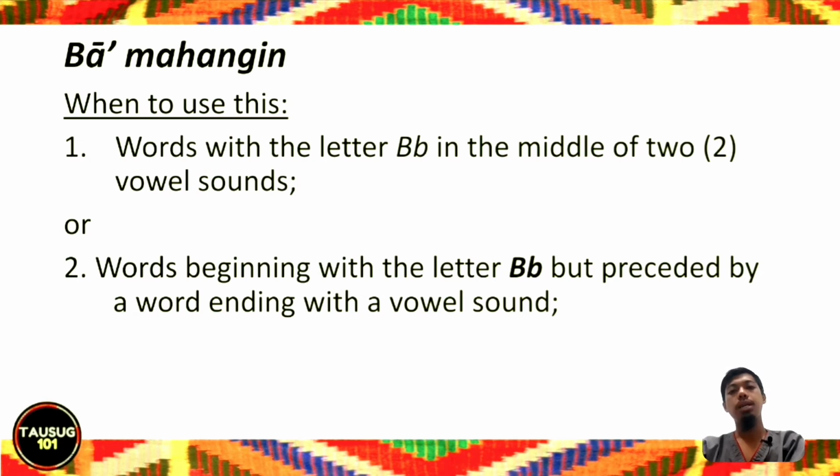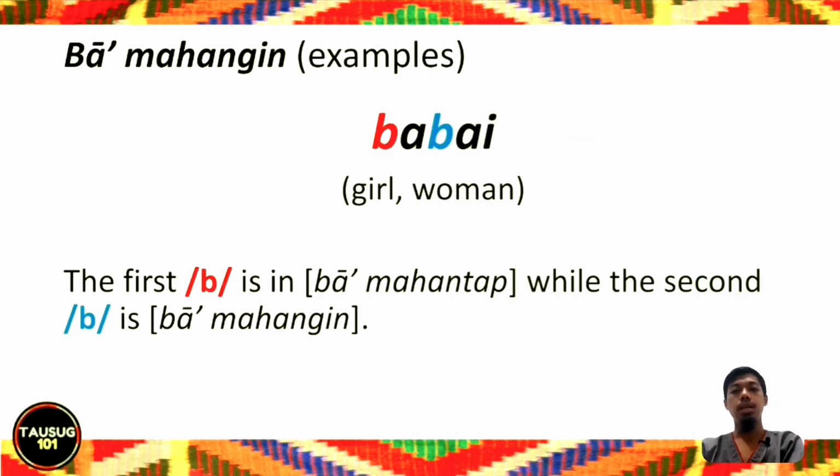So as a review, Bā Mahangin is used with words with the letter Ba in the middle of two vowel sounds, or words beginning with the letter Ba but preceded by another word ending with a vowel sound. Okay, here's a beautiful example. Bawai, girl. Bawai means girl, woman, or female. As you can see, the first Ba here, colored red, is Bā Mahantap because it is placed at the beginning of the word, while the second Ba is using the Bā Mahangin sound.